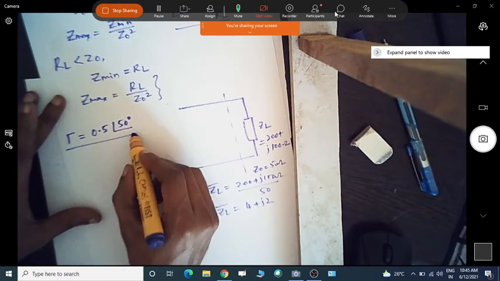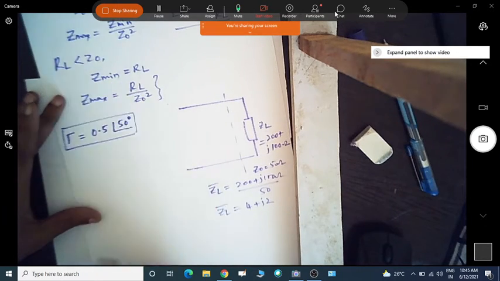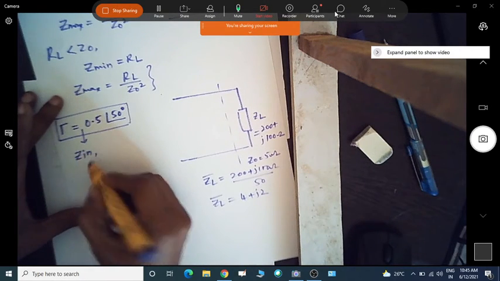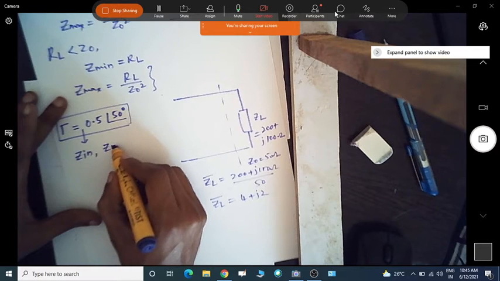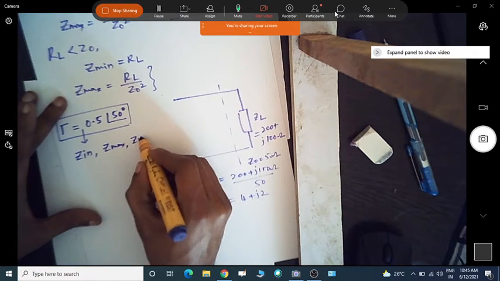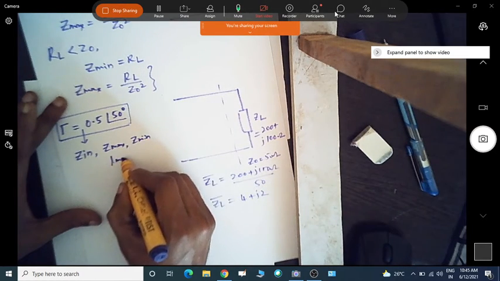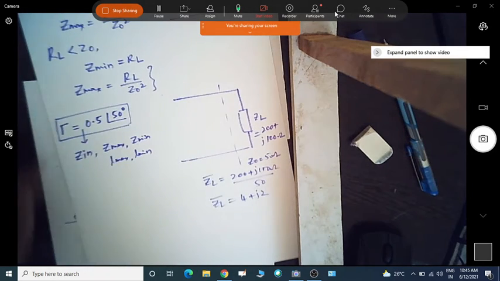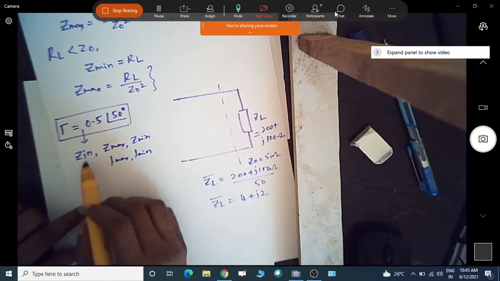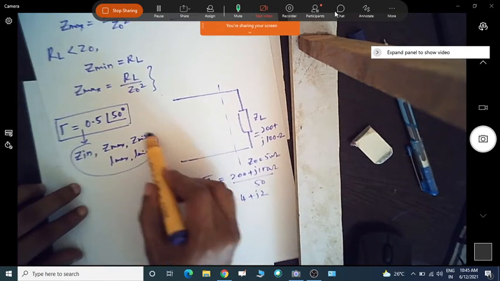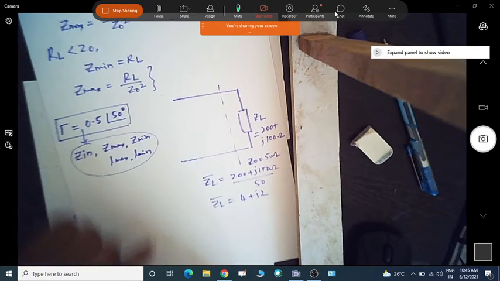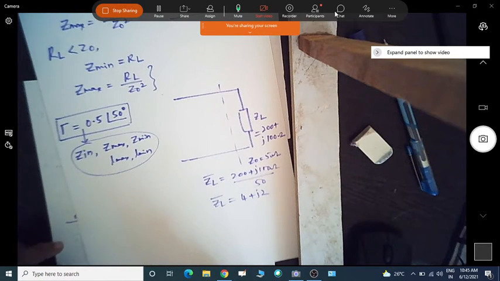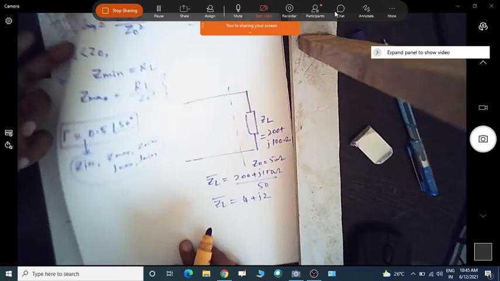Now from this reflection coefficient, find out Z in, Z max, Z minimum, and L max and L minimum. So we have been given only the reflection coefficient value. You have to find out all these things: the input impedance, the maximum impedance, the minimum impedance and the corresponding lengths. How are we going to find out?